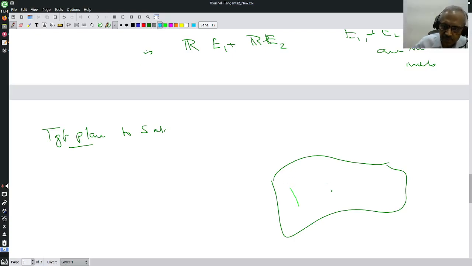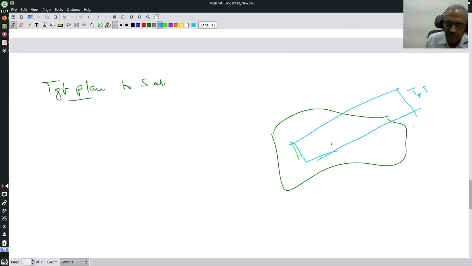Maybe I should use a different color. This may be my tangent plane. That is the first order approximation. How do I get it?